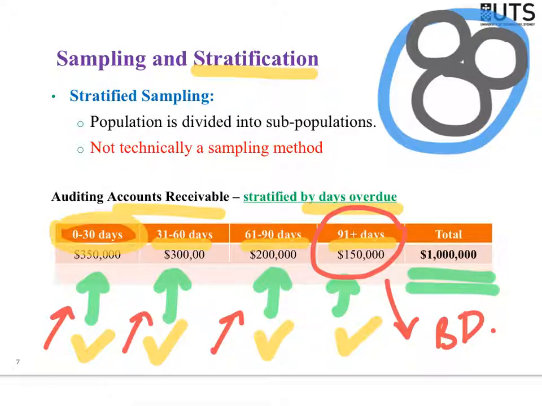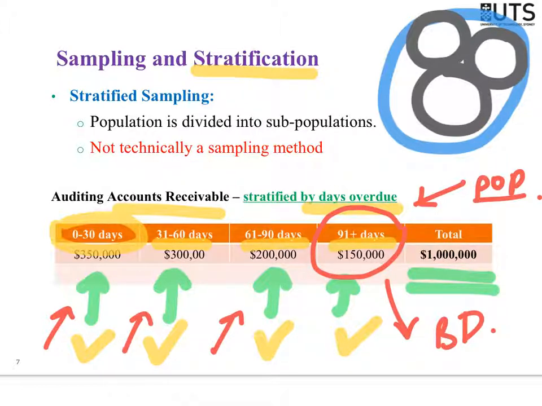Here's the key, valuation and allocation, right? So in this particular case, if we think that's the highest risk, we might actually go and test the whole population, and we might do sampling for the rest. So we want to break it up so we can treat each group separately and apply the techniques and the testing that we need to each one, given the risk, okay?